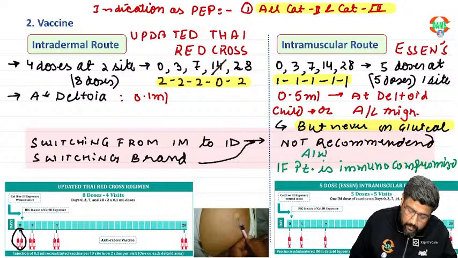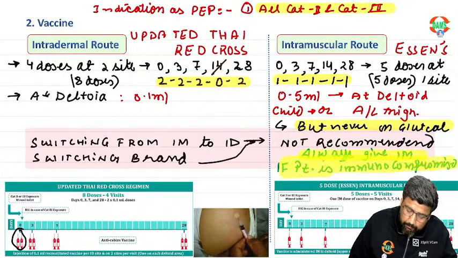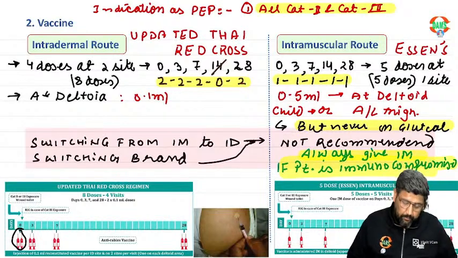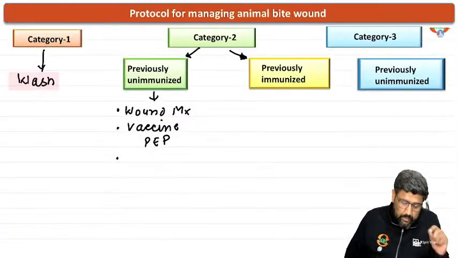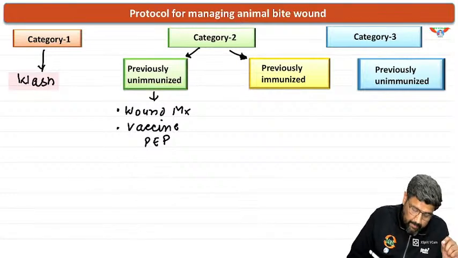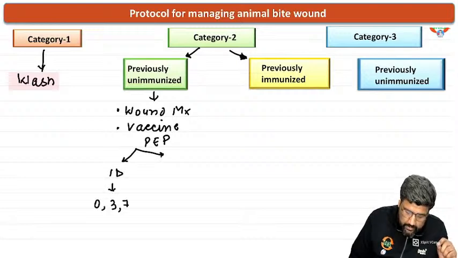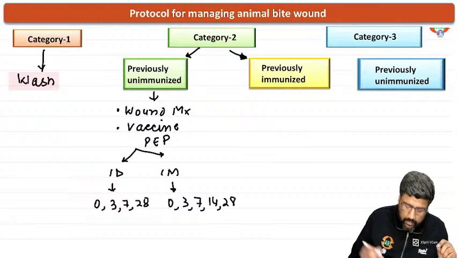Always give intramuscular if the patient is immunocompromised, not intradermal, right? When you give the vaccine, if intradermal, then 0, 3, 7, 28. If intramuscular, then 0, 3, 7, 14, 28.